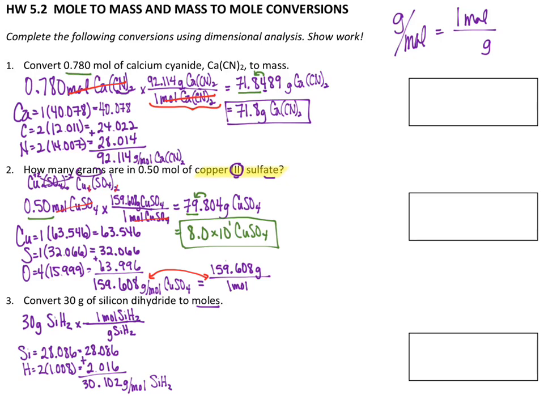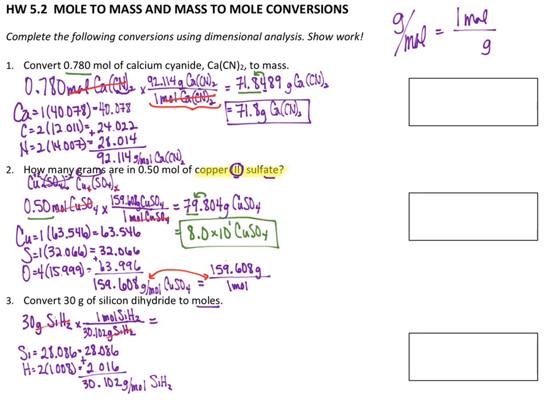Since its molar mass is grams per mole, and we're talking about silicon dihydrate, my mass stays with the grams, so it's 30.102. And now I can do my calculation. My grams cancel out. I'm happy with moles, so I can write my equal sign.